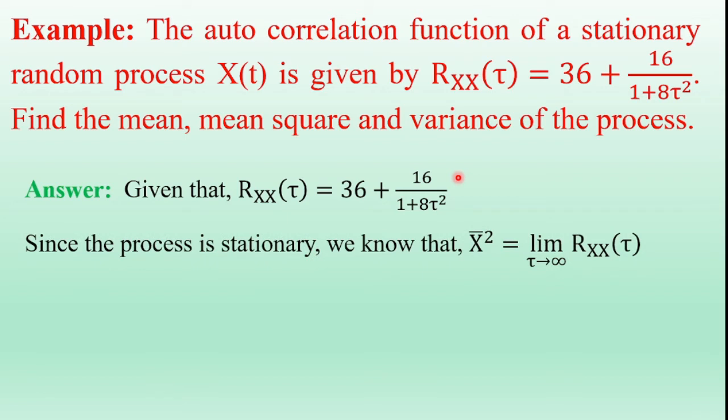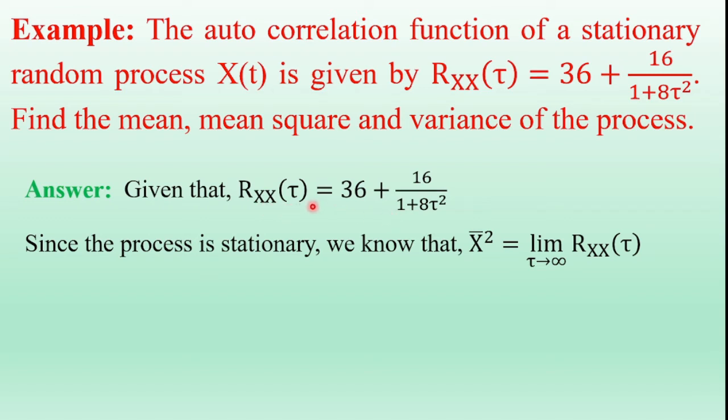We know from the properties of the autocorrelation function, since the random process x of t is a stationary random process with no periodic component, expectation of x of t whole square, or x bar of t whole square, is equal to limit tau tends to infinity Rxx of tau.